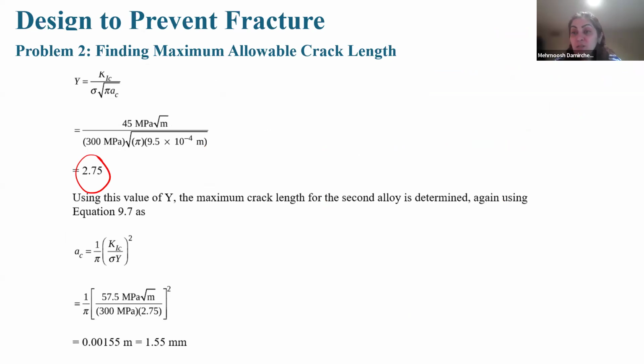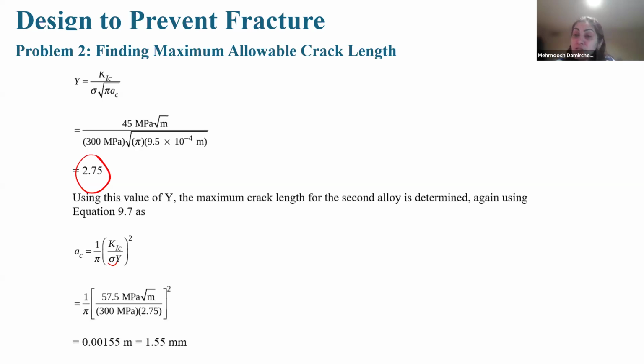Because the loading condition does not change, and Y is a parameter related to the loading condition, not the material property. So we can use this value of Y, and the maximum crack length for the other alloy can be determined. We have sigma, we substitute here, we have Y, we have K1C for the second material, substitute here, and we find the length of the crack.